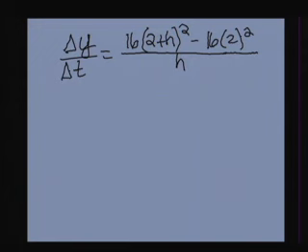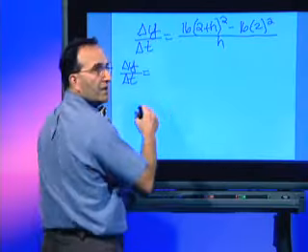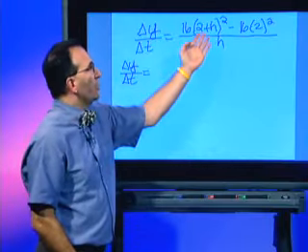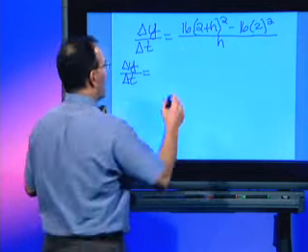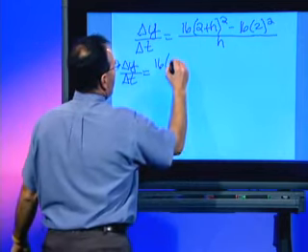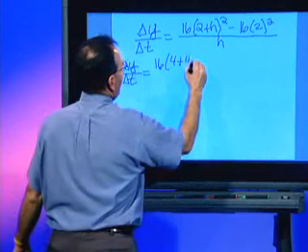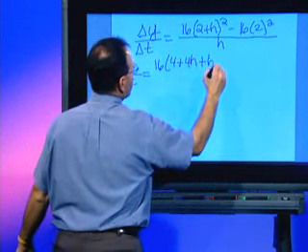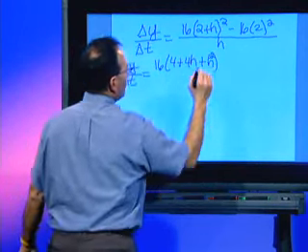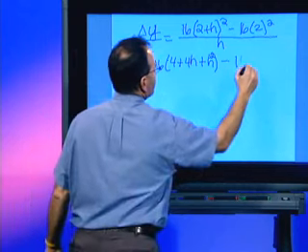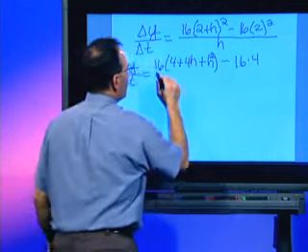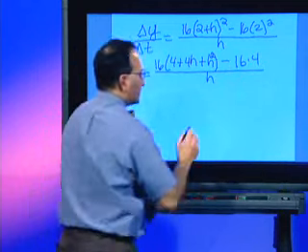Now I want to expand this and simplify it out. Of course, this is a binomial squared, so 2 plus h squared would be 4 plus 4h plus h squared, minus 16 times 4, all over h.